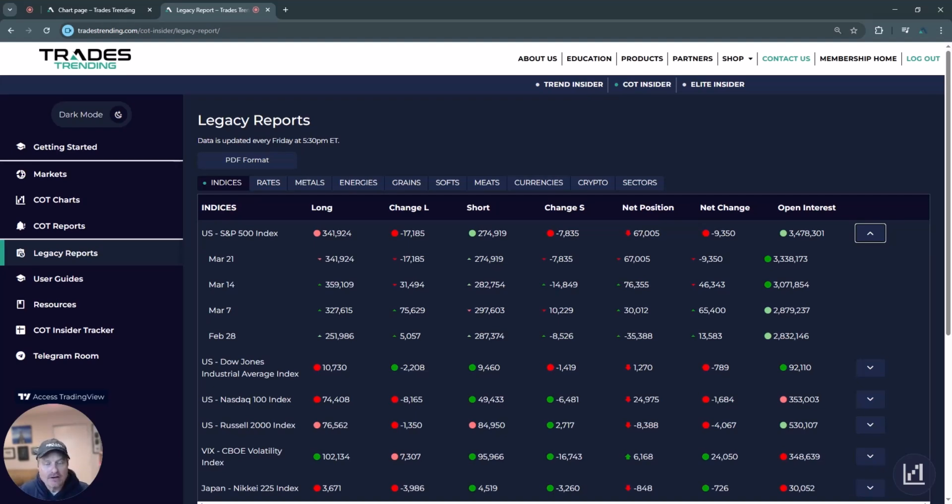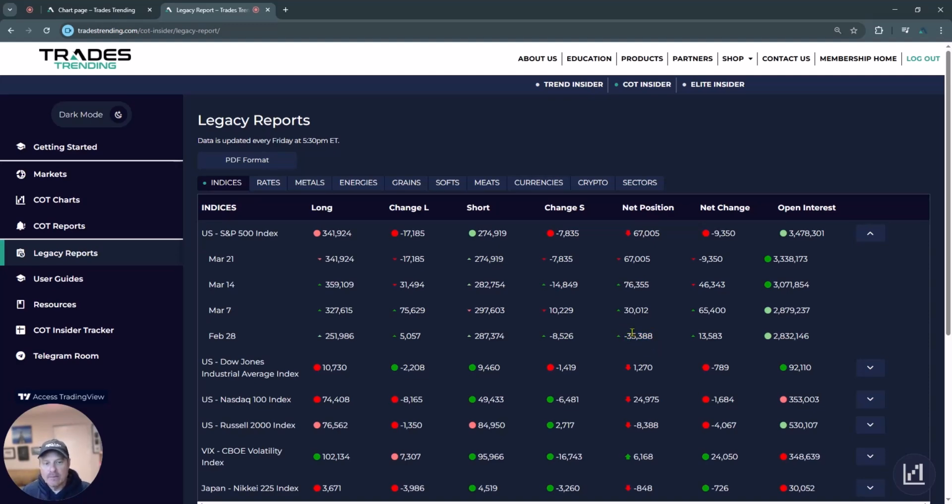Now, as we go back to the Commitment of Traders data through our COT Insider software, we can see going back approximately 1 month or the last 4 weeks of data, smart money has positioned themselves from net short to now net long. A little under a month ago, smart money was short 35,300 contracts.